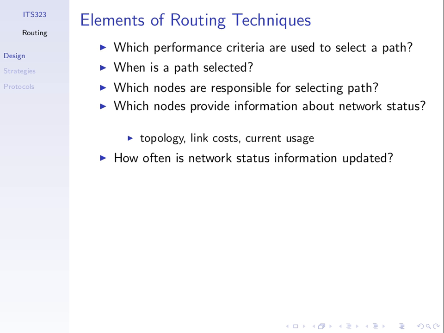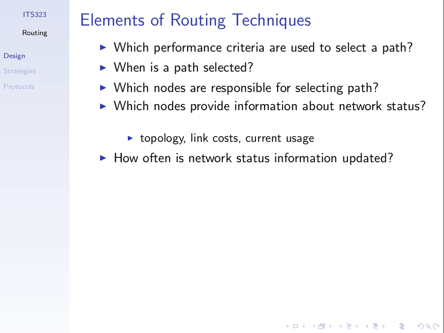So that's what we're going to go through now: when people design routing algorithms, what are some of the criteria they consider in the design? One of them is the metric, the performance metric. But there are other things. When is a path selected is one design choice. Who selects the path?